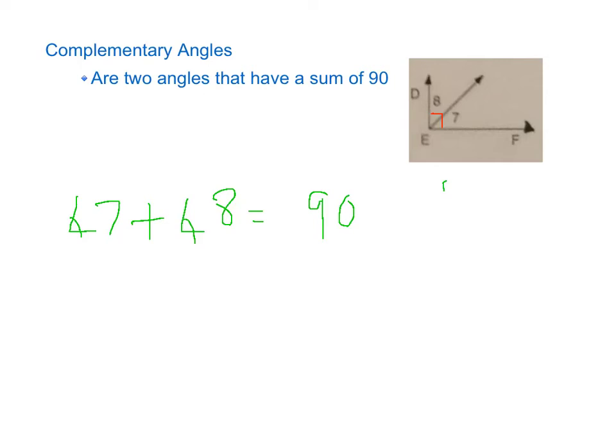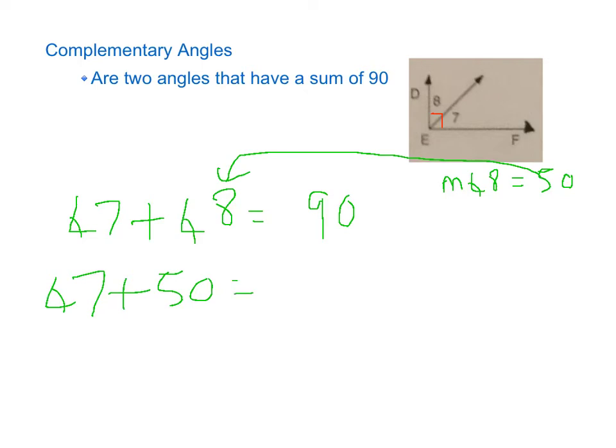Well, what if we knew that the measure of angle 8 was 50? We could just plug it in, so angle 7 plus 50 would equal 90, and angle 7 would therefore have to be 40 degrees.